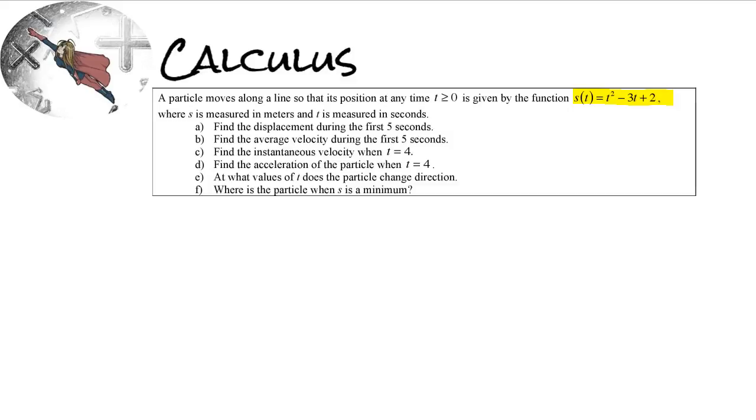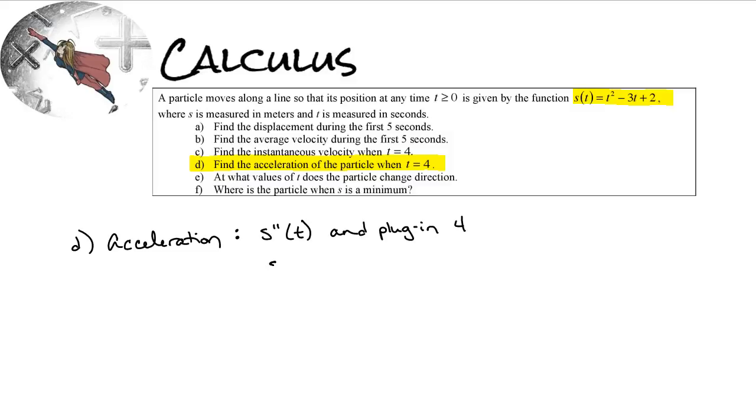Now we'll do part D, which is asking us to find the acceleration of the particle when t is 4. So acceleration, remember we said on the front page that acceleration is the second derivative, so it's s double prime of t, and then we'll plug in 4.